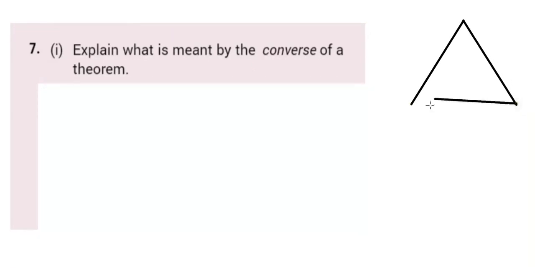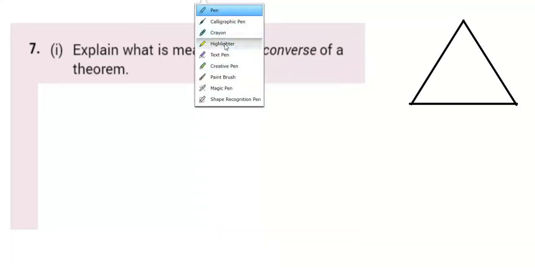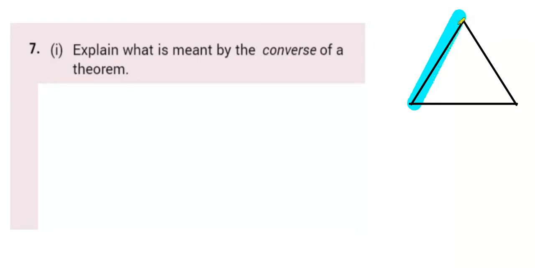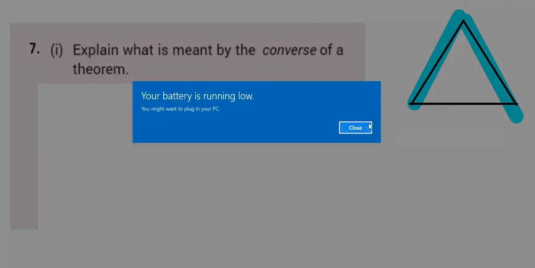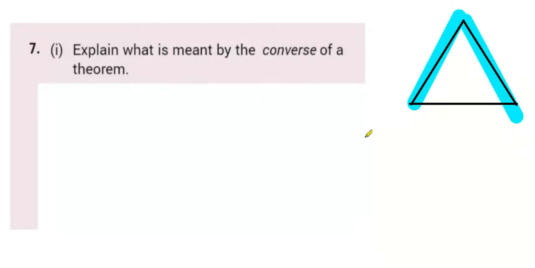What is an isosceles triangle again? Two sides of the same. Okay, and if two sides are the same, then two angles have to be the same as well.